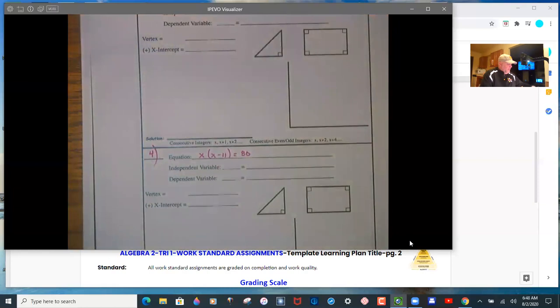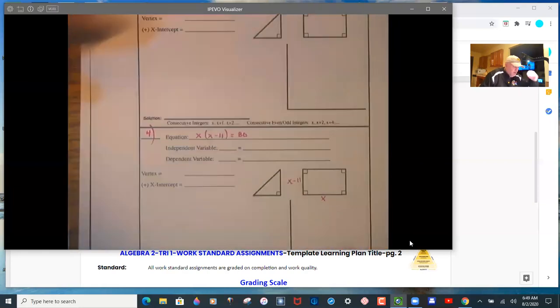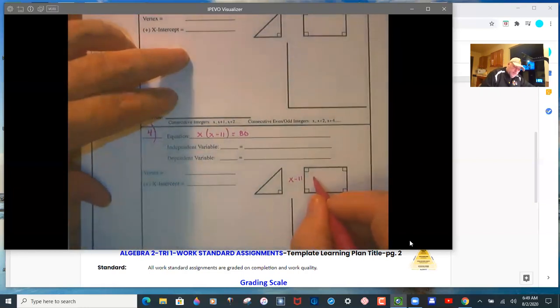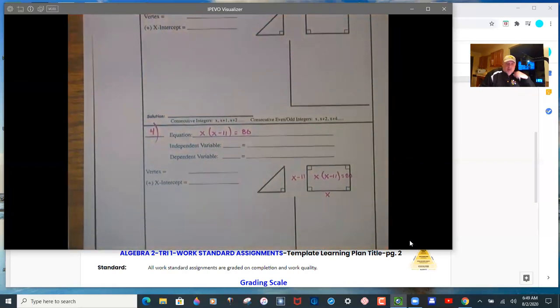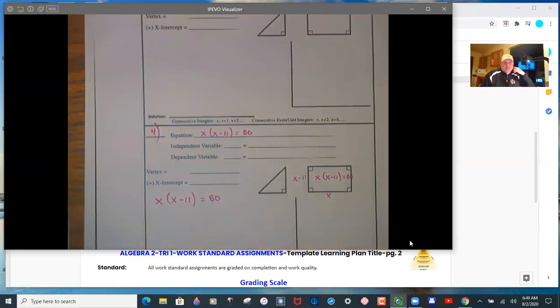The width of a rectangle is 11 inches less than the length. So we're looking like this. Find the dimensions if the area is 80 square inches. That equals 80, so there's your particular quadratic that you have to solve.